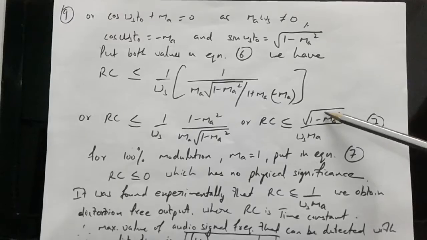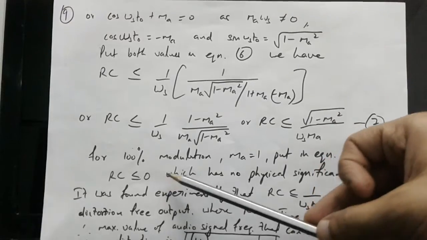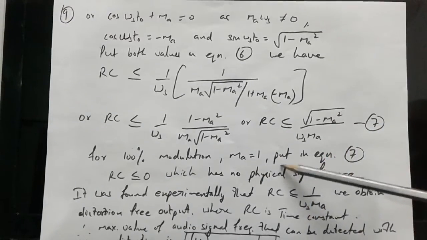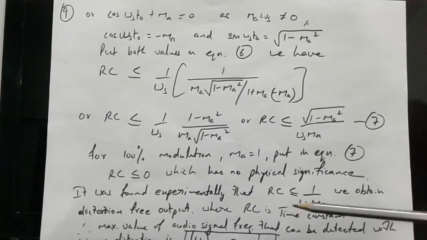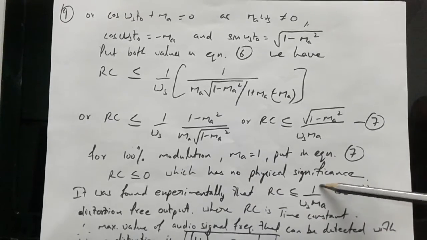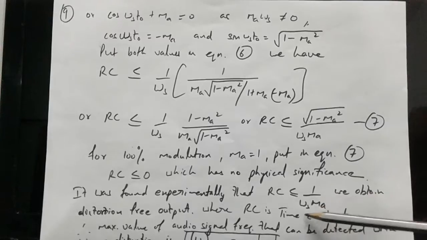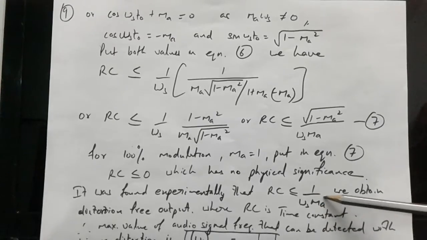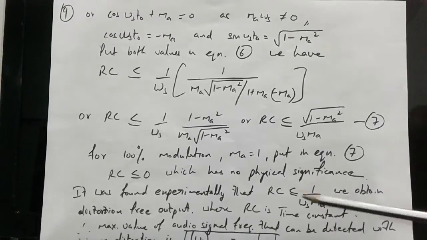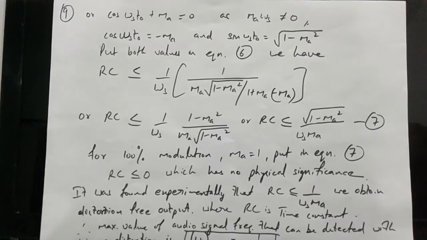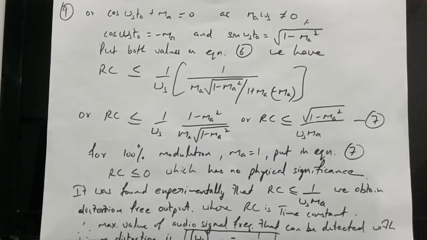If we put that here, then we get a time constant of 0, which is not possible. So experimentally it was found that the time constant is always less than or equal to 1 over omega s MA. These expressions are useful when you have to solve some numericals.